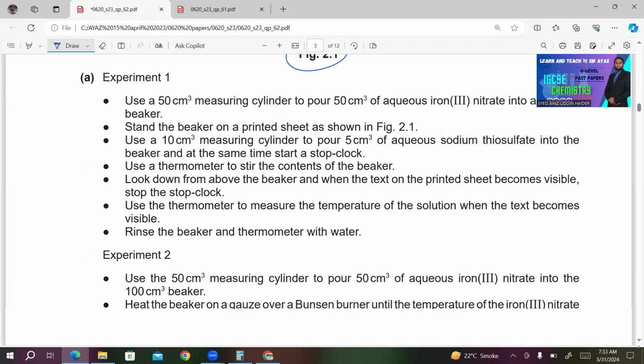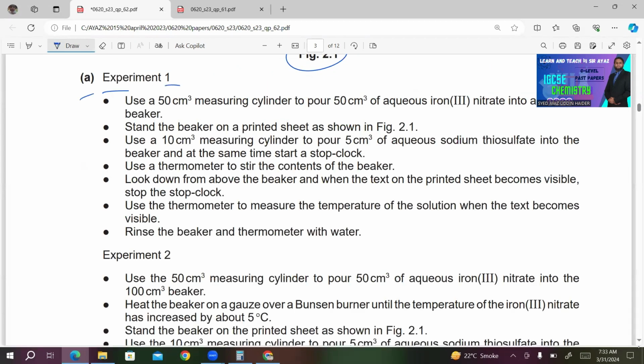A, experiment 1. Use a 50 centimeter cube measuring cylinder to pour 50 centimeter cube aqueous iron 3 nitrate into a beaker. Stand the beaker on a printed sheet as shown in figure 2.1.